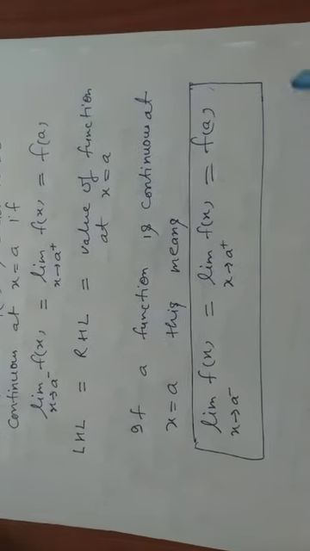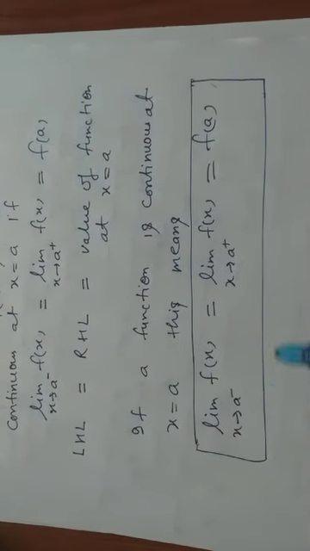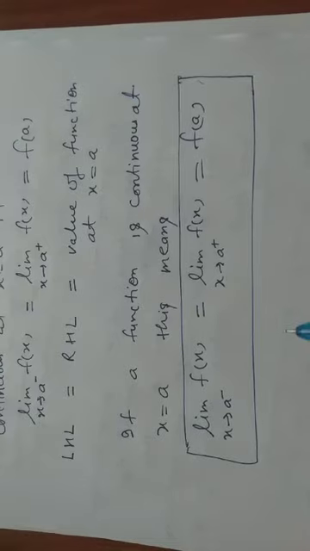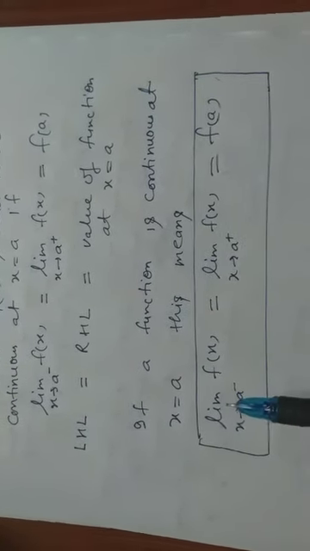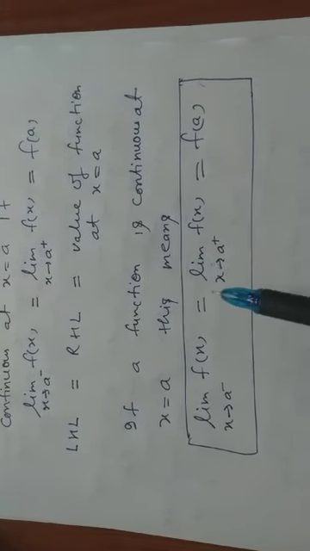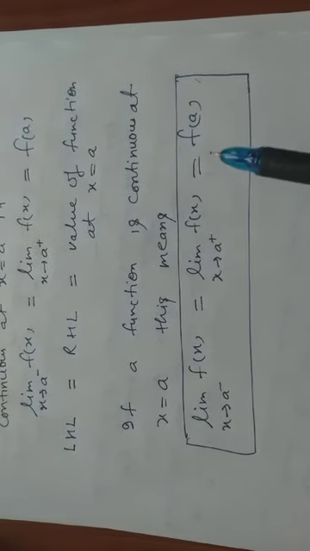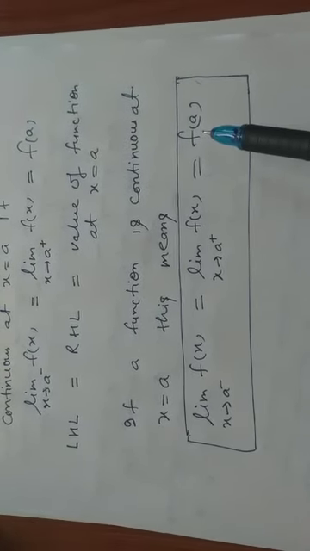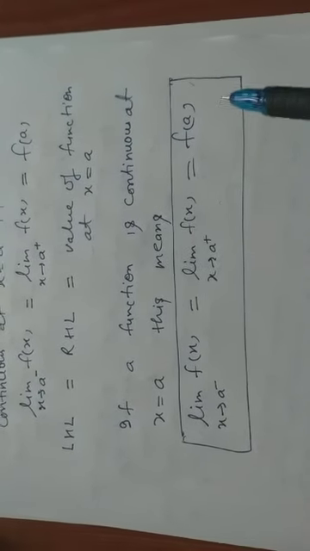This expression written in the box represents the definition of continuity. So if the limit of f(x) as x tends to a minus is equal to the limit of f(x) as x tends to a plus, which is equal to the value of the function at x = a, then the function is said to be continuous at x = a.